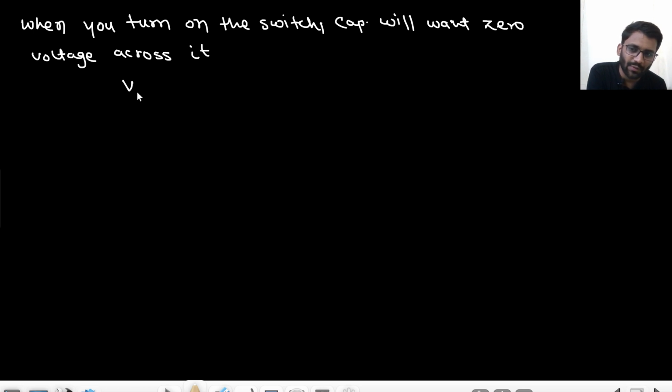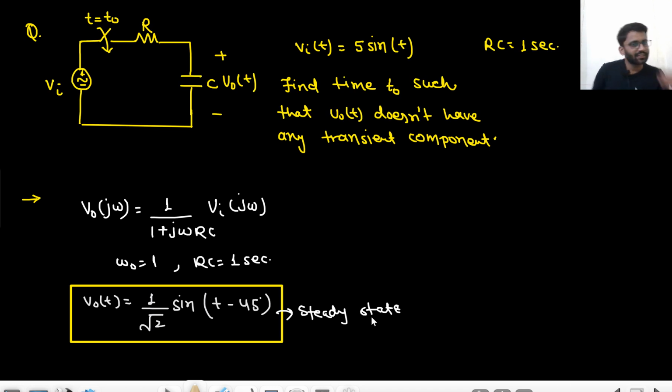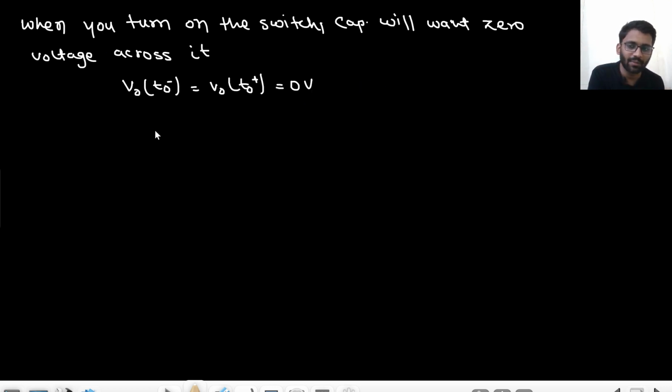What do I mean? That V naught at t equals 0 minus should be equal to V naught at t equals 0 plus, and that should be equal to 0 volt. Now my steady state response is my final response because I don't want any transient. Basically at t equals t naught, I want my output to be 0. Are you getting my point?